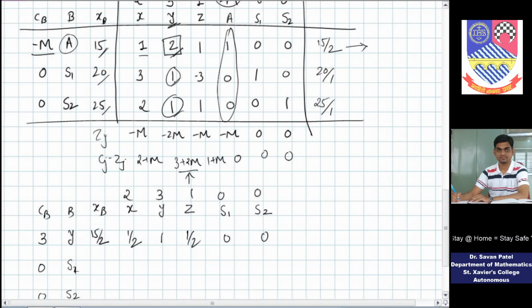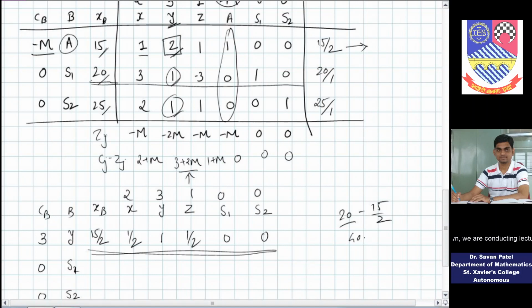So to remove this, we will have 20 minus 15 by 2, that is 25 by 2. 20 minus 15 by 2, so that is 40 minus 15 by 2, so it is 25 by 2.